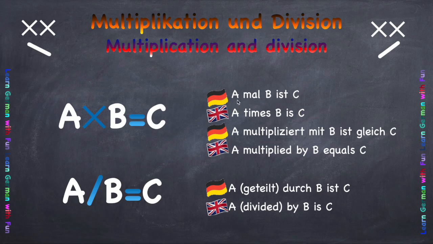One says in German, A mal B ist C. In English, A times B is C. Or in German, A multipliziert mit B ist gleich C. And in English, A multiplied by B equals C. For a division, one says in German, A geteilt durch B ist C, where geteilt is optional. And in English, A divided by B is C, with divided being optional.